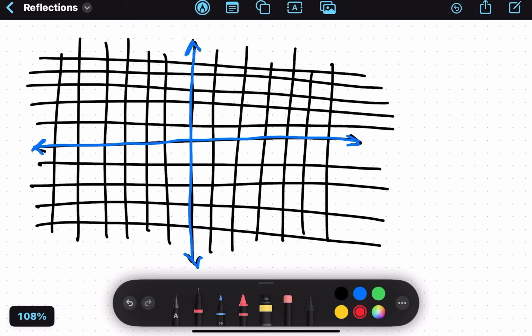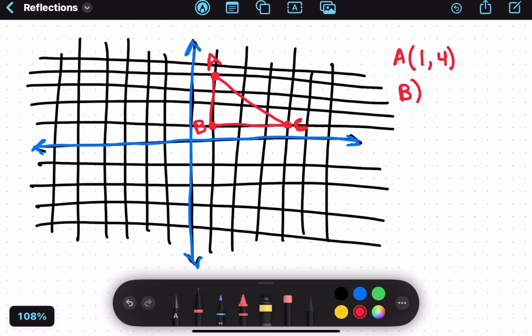So, let's say we have a triangle just like this. Triangle A, B, C. Point A is (1, 4).